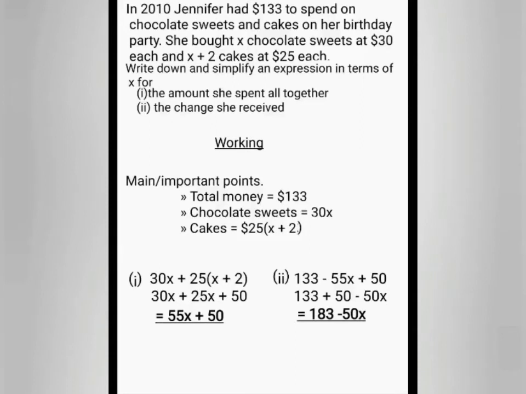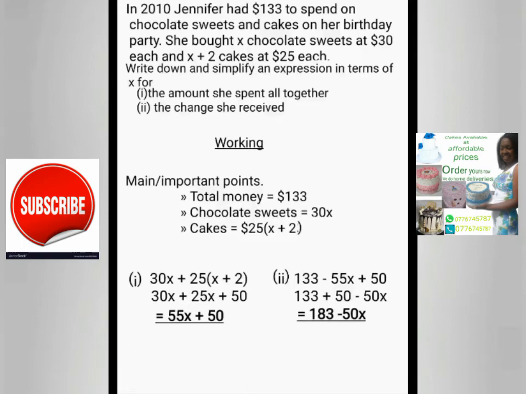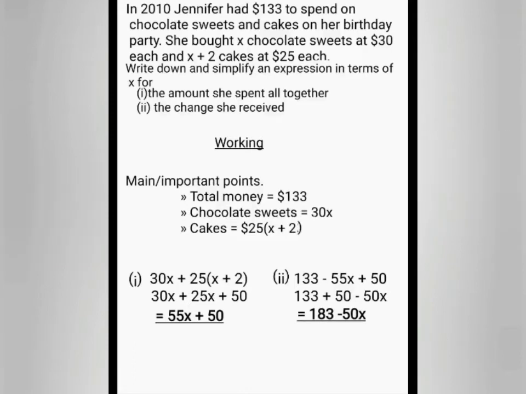In order for us to get the change, we subtract the total money she spent altogether from the total money she had. So it's 133 minus (55x plus 50). We rearrange or collect the like terms because we can't subtract 133 minus 55x.